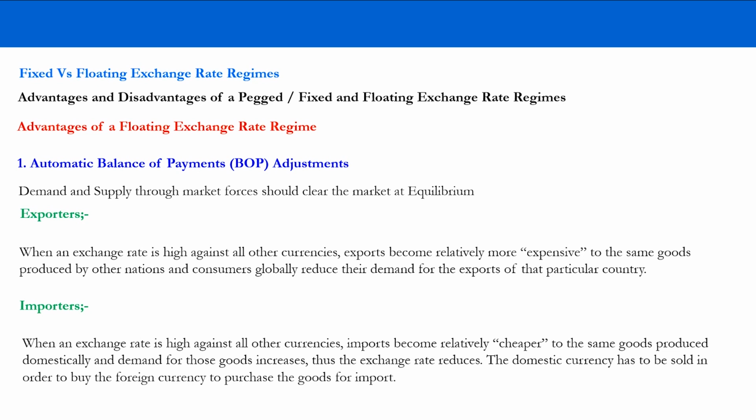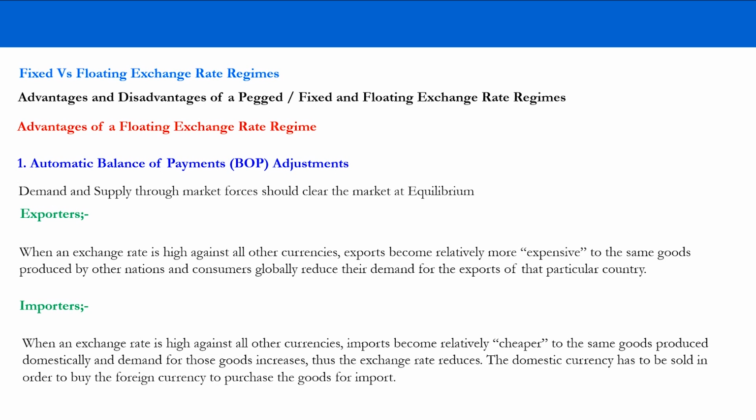The currency has gone too high, and the importers on the other side are essentially buying the currency first in order to pay for the exporting country's goods. So when the currency goes too high, a country's exports become more expensive.